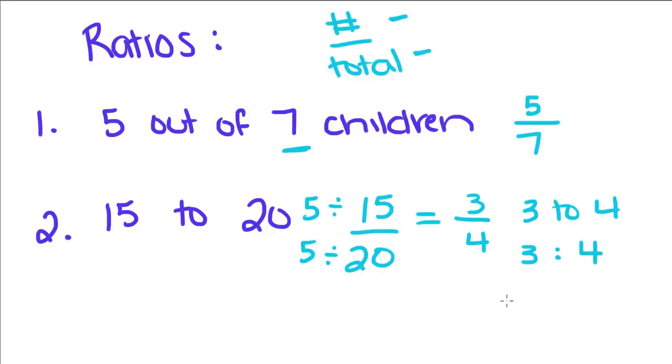Like maybe there's 3 boys for every 4 girls. Or there's 3 boys out of 4 children. Those are all ratios.